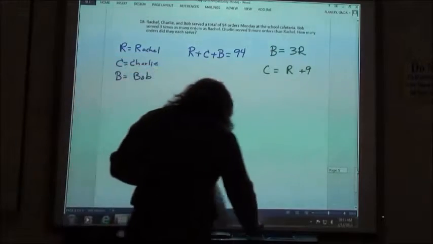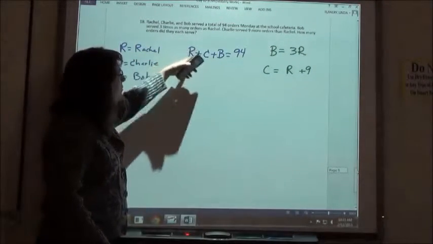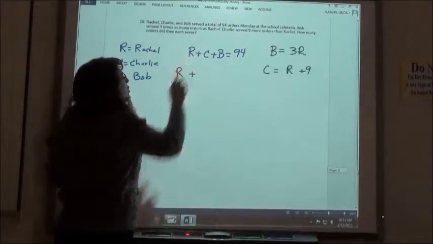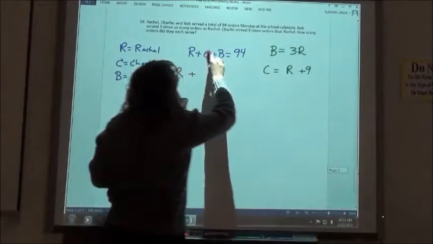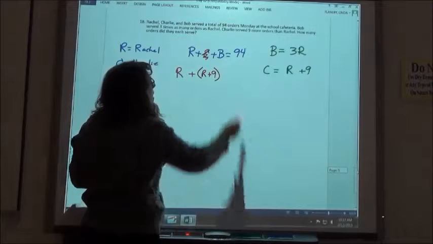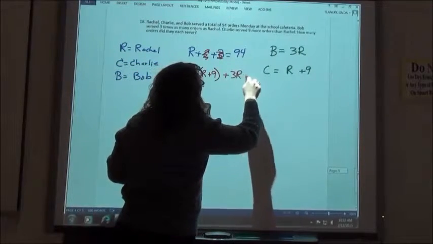So again, we're going to solve by substitution. Rachel, we don't have one to substitute in for, but we still have Rachel. Plus Charlie. Charlie we can replace with R plus 9. Bob we can replace with 3 R's.